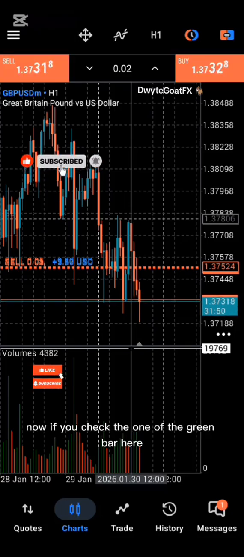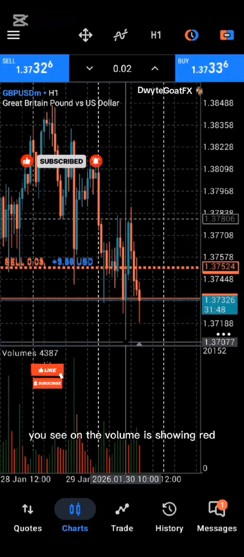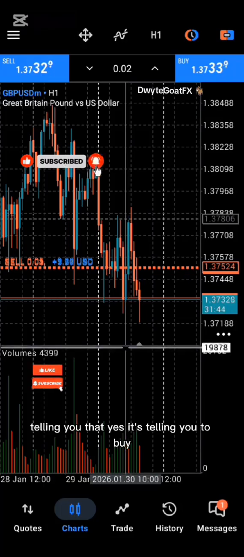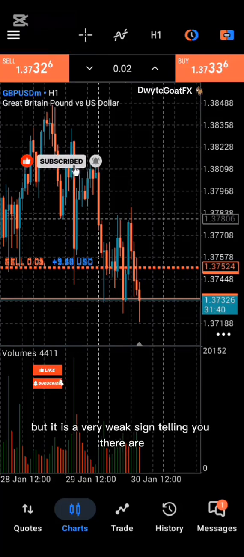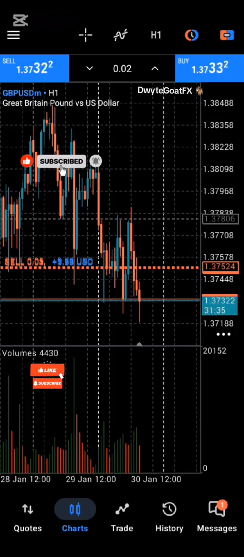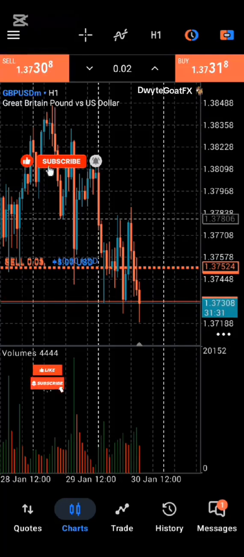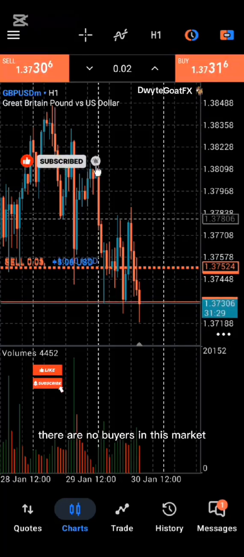Now if you check one of the green bars here, you see on the volume it's showing red, telling you that yes, it's telling you to buy, but it is a very weak sign telling you there are no buyers in this market.